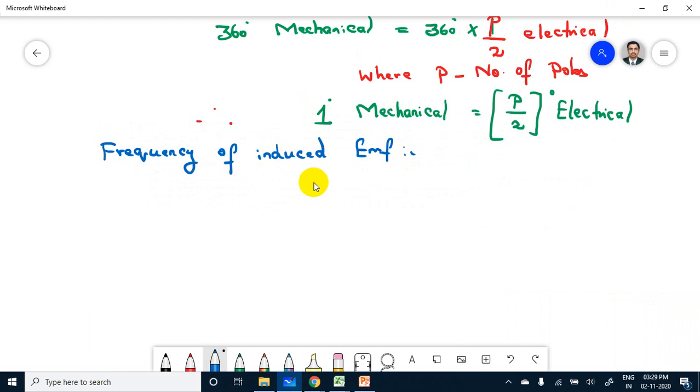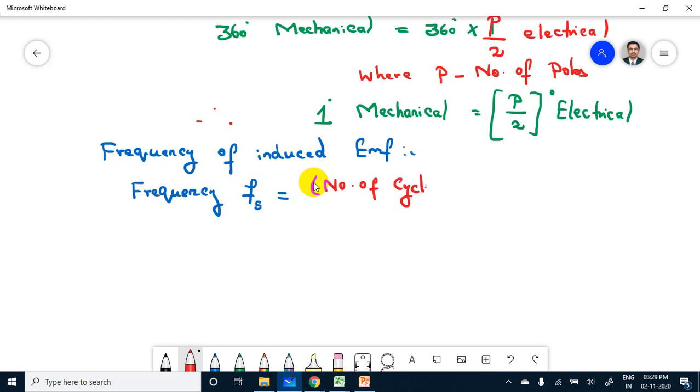Anyone? In terms of cycles, the formula: frequency means Fs, the supply frequency. Fs is equal to the number of cycles.